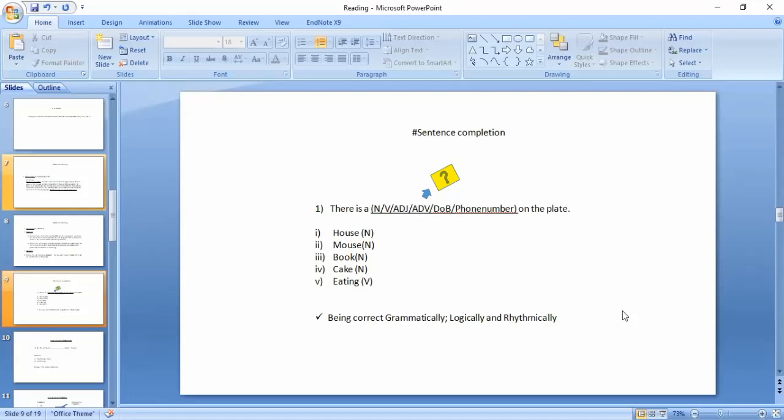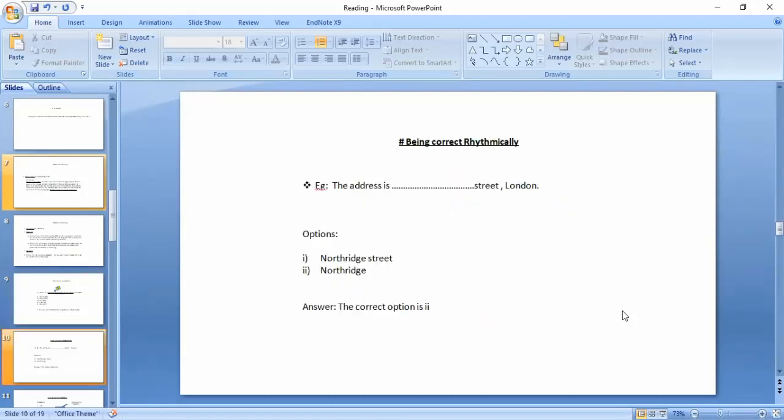And finally, we should also make sure that our answers are what? Rhythmically right. So, what does it mean to be rhythmically correct? Let's see through this example. Now, in this example, we can see that the question is like the address is da da da street, comma London.